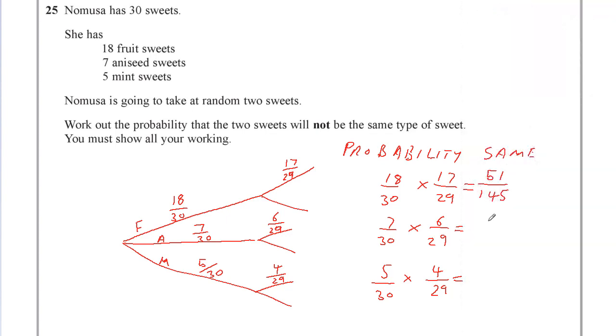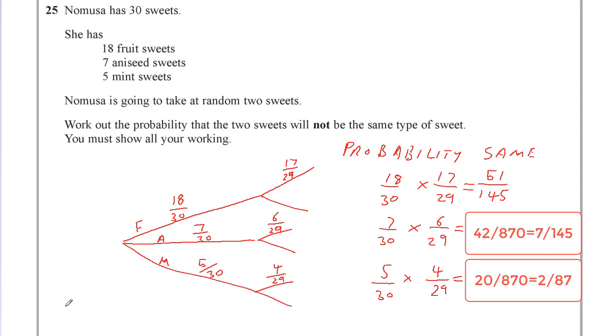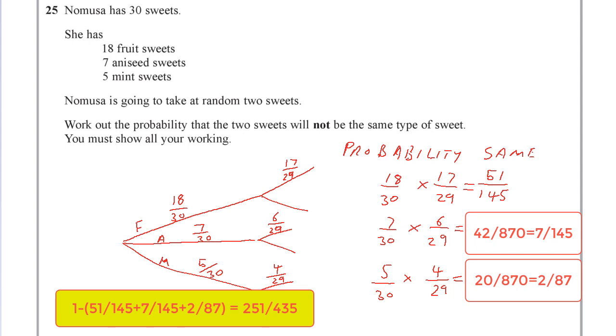I'm going to do the same for all of those. I'm taking it all from 1. 1 minus, open a bracket, 51 over 145 plus... okay, done.